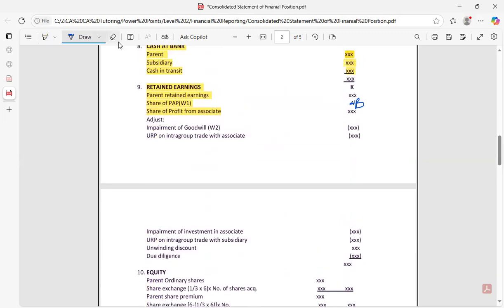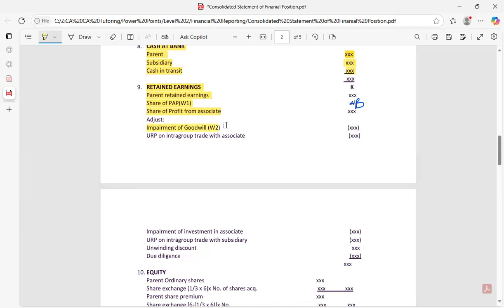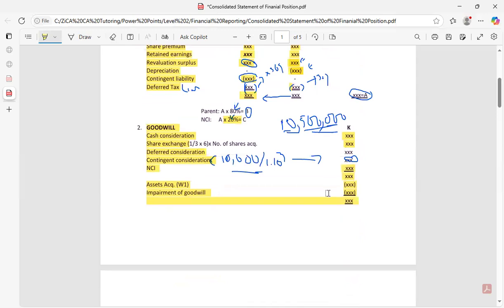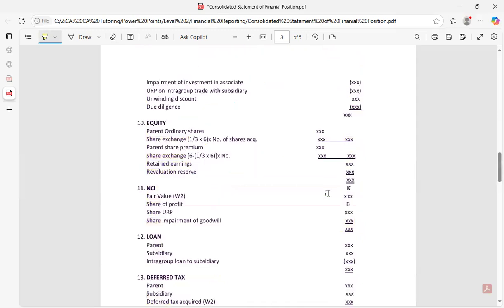After you add those, you need to deduct impairment of goodwill, right? So remember here, working number 2, when we're calculating goodwill, there was impairment of goodwill. So this goodwill impairment is going to be deducted here.